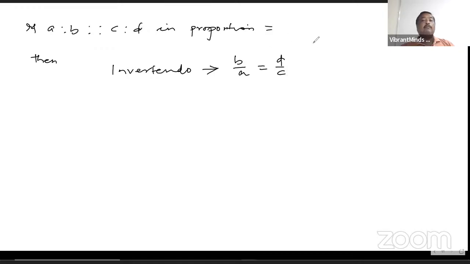Example, here we get A by B is equal to C by D. So according to invertendo, this will also be in proportion.